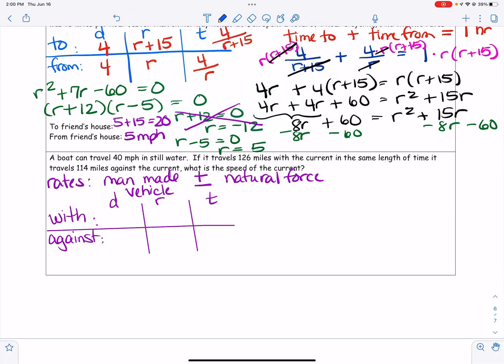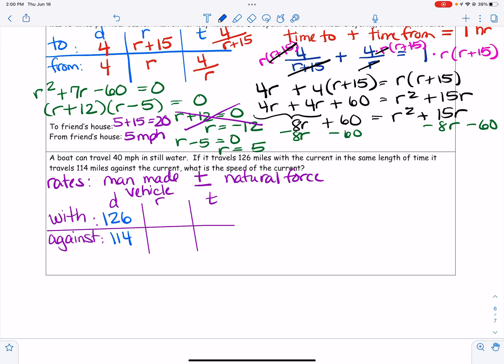So it says the boat travels 40 miles per hour in still water. That's going to come into play in the rate. It says it travels 126 miles with the current, and it travels 114 miles against the current.